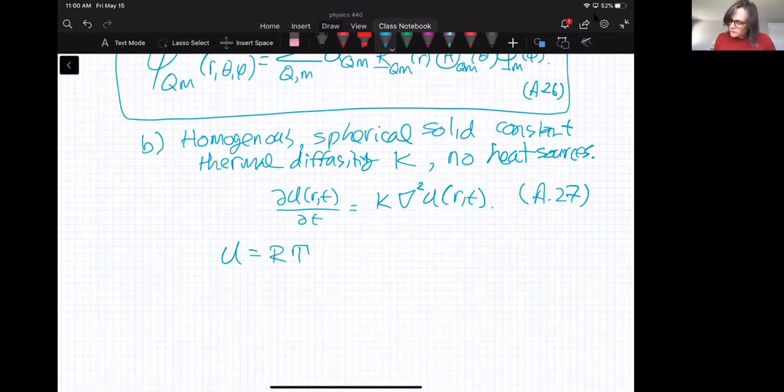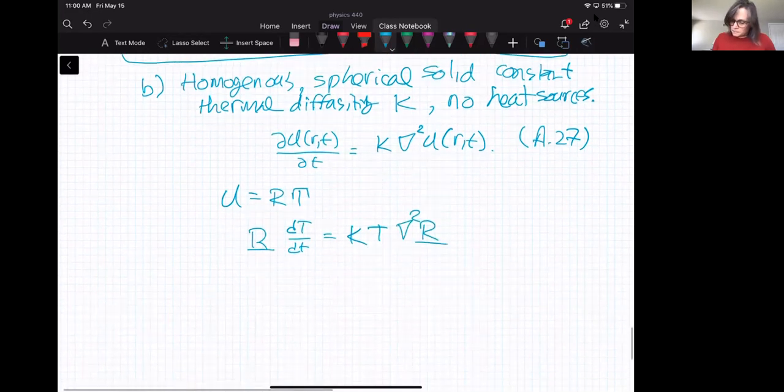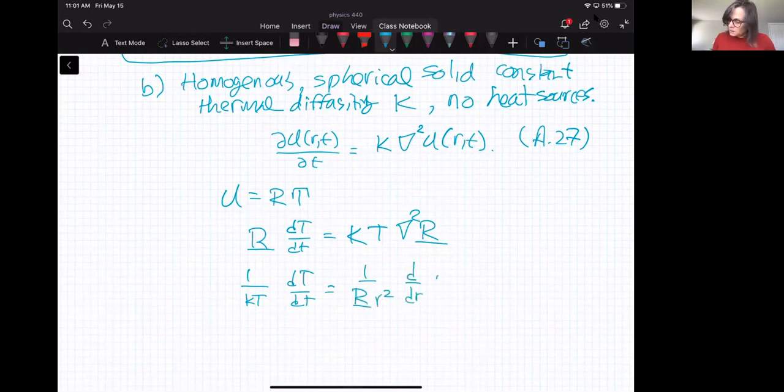That means R dT/dt is equal to K times T del squared R, so 1 over KT dT/dt is equal to, again, we have to be careful of this, 1 over r squared d/dr of r squared dR/dr. Again, one side is constant with respect to the other, so we might as well set that to something that'll help us, say minus alpha squared.